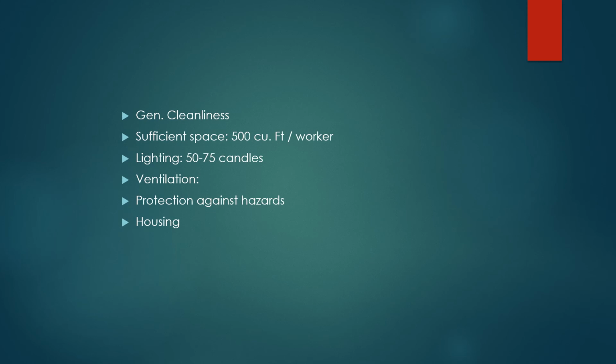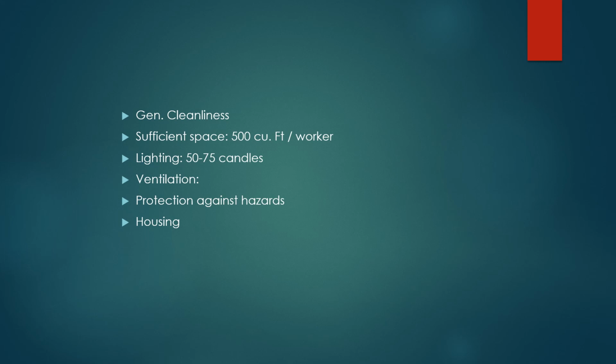If lighting is inadequate, it leads to accidents. If ventilation is inadequate, it leads to respiratory diseases. And protection against hazards should be given to the workers. Mainly, adequate environmental control should be designed so that protection against dust, fumes, and other toxic substances is provided.